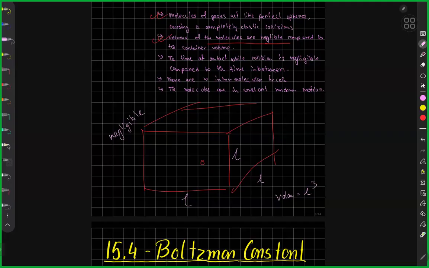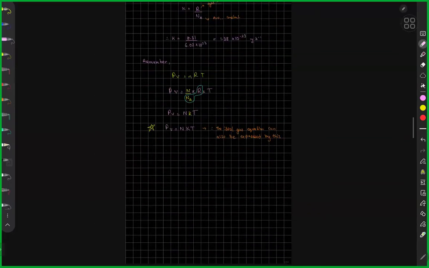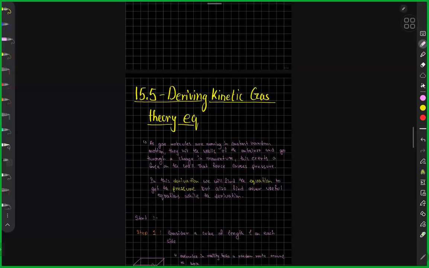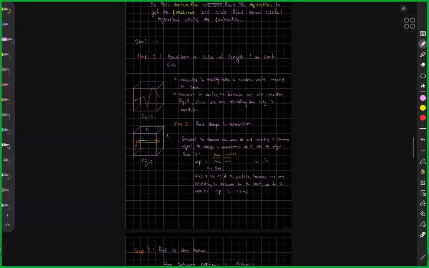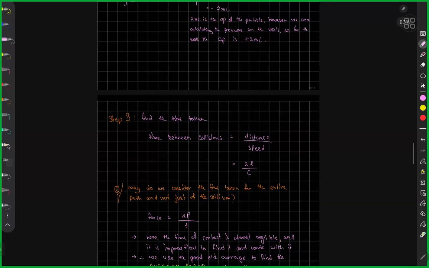Why do we do that? Because when we find the change in momentum in the calculation, all of these assumptions will make more sense to you when we do the derivation, because you will see each of these assumptions coming into play. So in this derivation, for the time taken for the collision between the particle and the wall, we take that time to be the entire journey of the particle, not the time of collision.